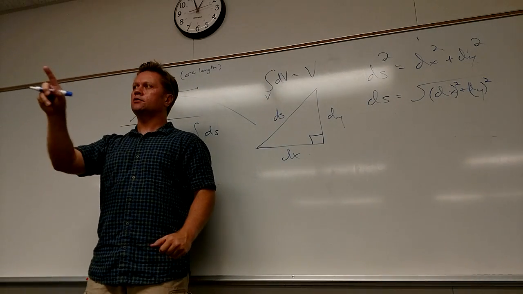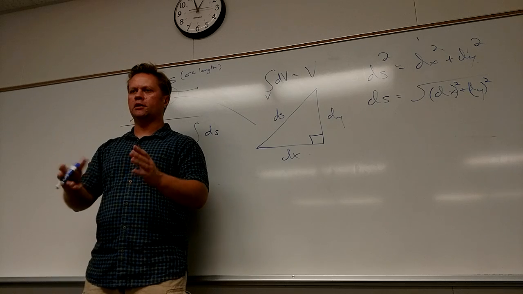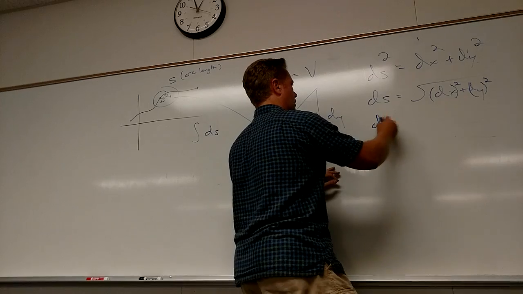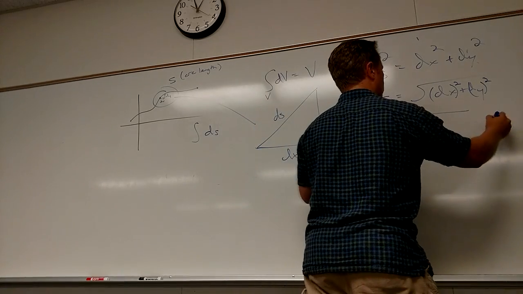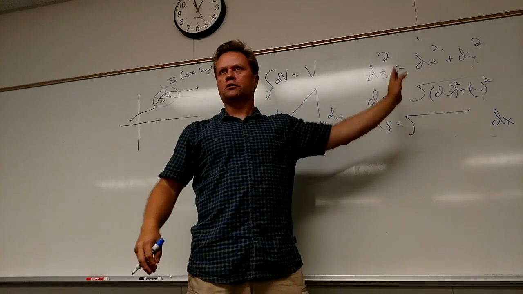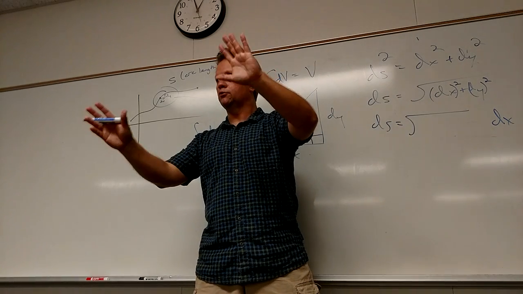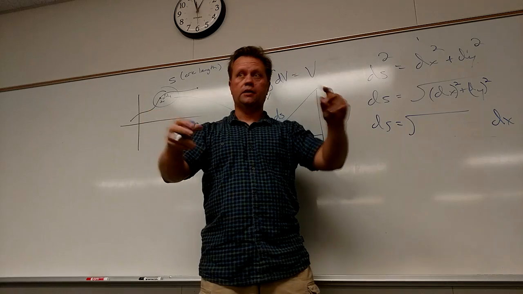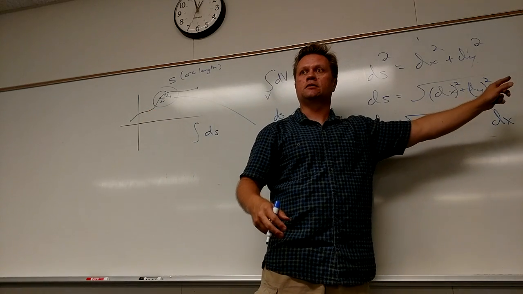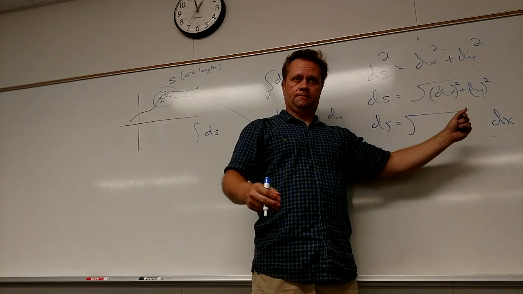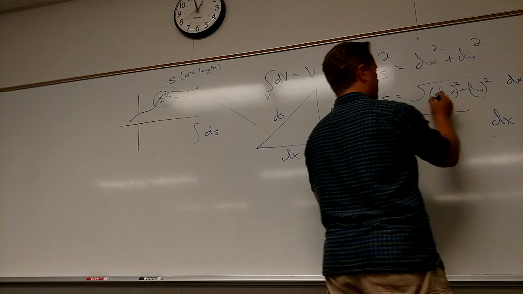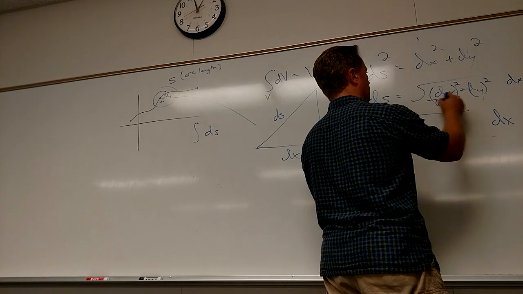Now watch, this is kind of cool. This is the manipulation of stuff that you really need to be used to. I can write this like this. If I factor out a dx squared, and of course it comes out as dx because it's a square root. So basically I'm dividing the inside by dx squared so I could put dx on the outside. So what I'm really doing is this. I'm going to put a dx here, and inside I'm going to put an over dx squared.